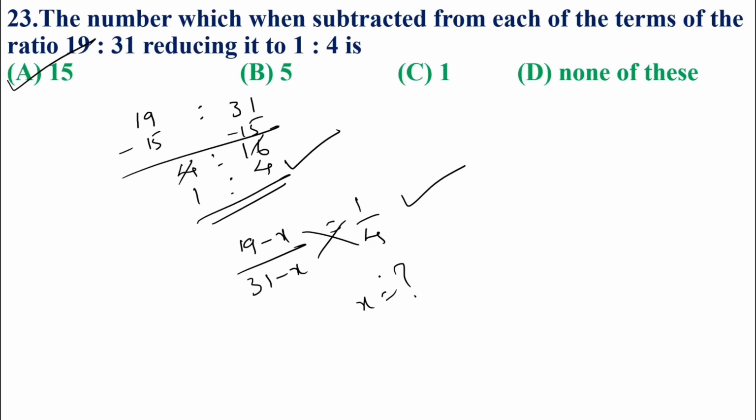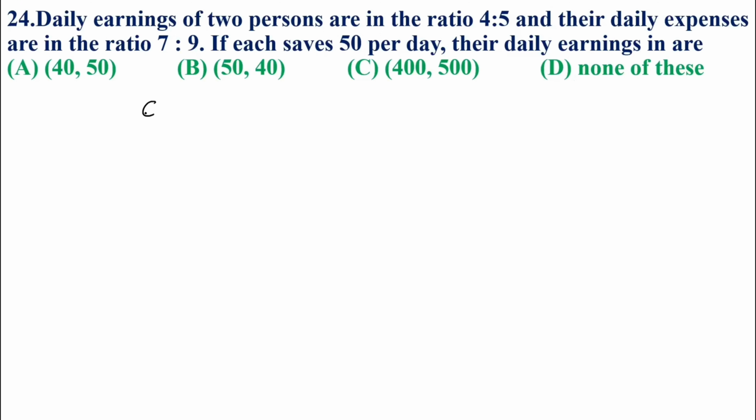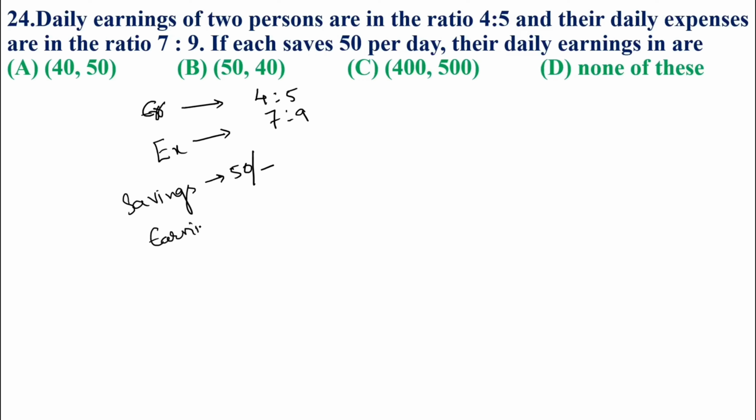Here earnings they have given 4 is to 5, and their daily expenses are in the ratio of 7 is to 9, and each saves 50 rupees. So savings is 50 rupees. Then what is earnings? I need to find. What is saving?